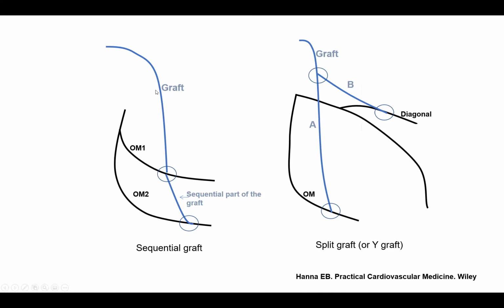But if you put a graft to OM2 and hook it on its way to OM1, that graft will likely remain open because its flow is driven by OM2. Even if OM1 is small, the graft will remain open because there is a big flow across OM2. Same idea for the split graft. So those are the two ideas. It saves you vein and it can increase the flow across the graft and therefore increase patency in some cases.